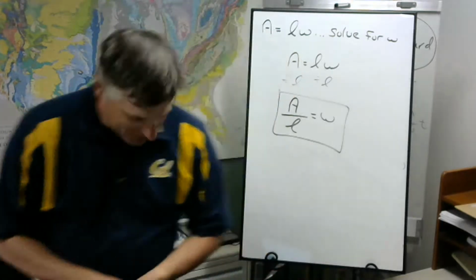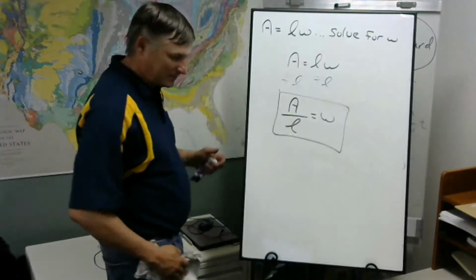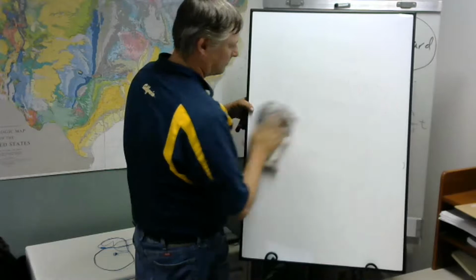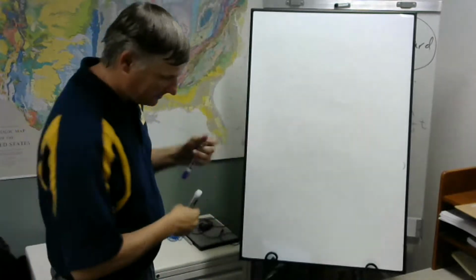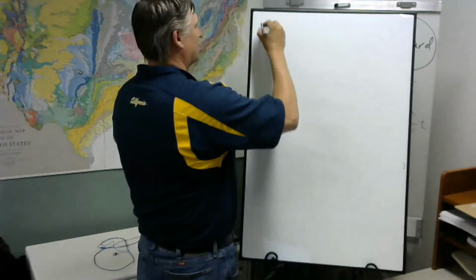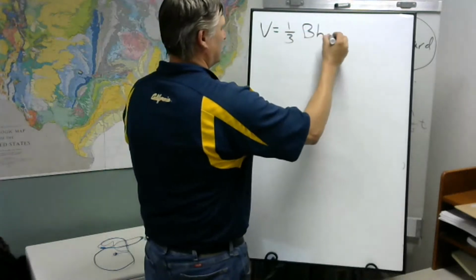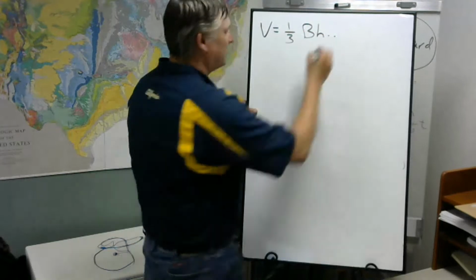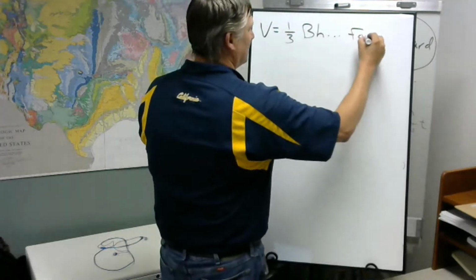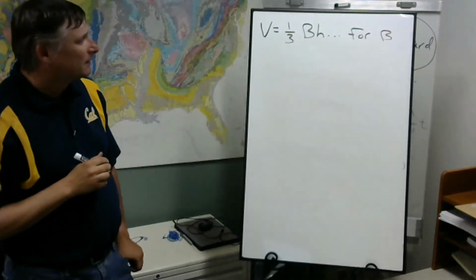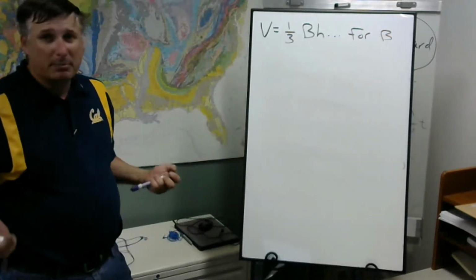Now let's take a look at another one. Let's say we have this. And let's say we want to solve for B. Well, again, we want to get B by itself.